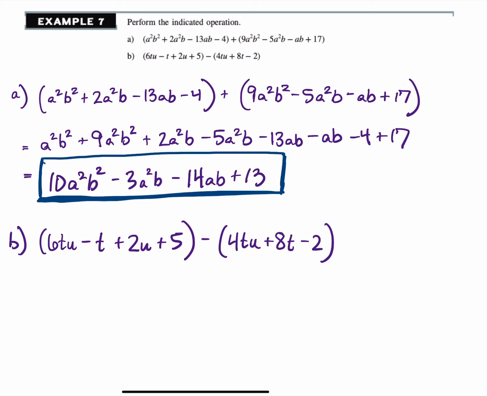So we have a subtraction. I will first distribute that negative to every term in the second polynomial. So 6tu minus t plus 2u plus 5, and then I'll have minus 4tu minus 8t plus 2.